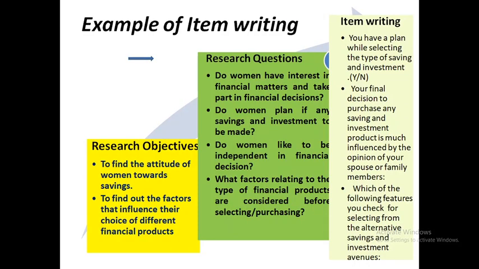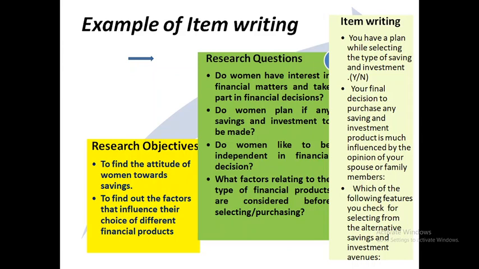Now here I am going to give an example and will show a questionnaire. In the beginning of part 1 of item writing, I discussed the process of item writing. I told you that item writing is a logical process, and this process begins with problem identification or problem definition.